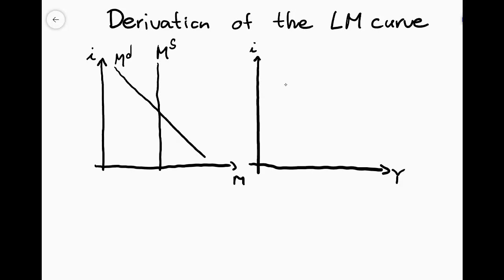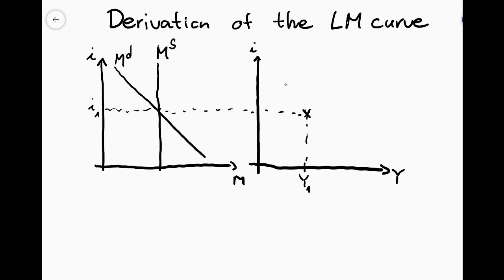So we know that at a certain Y1 level in the economy, we have an equilibrium with lowercase i1 interest rate, and that's going to give us then one point along the LM curve.